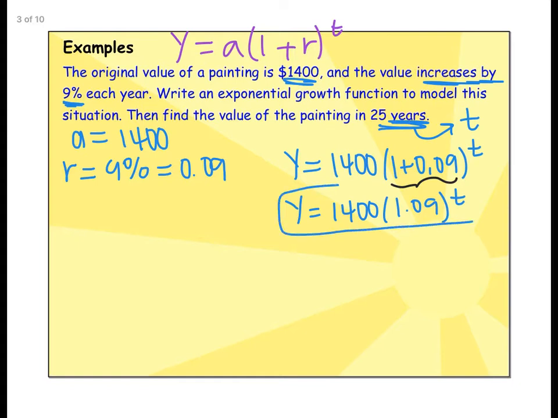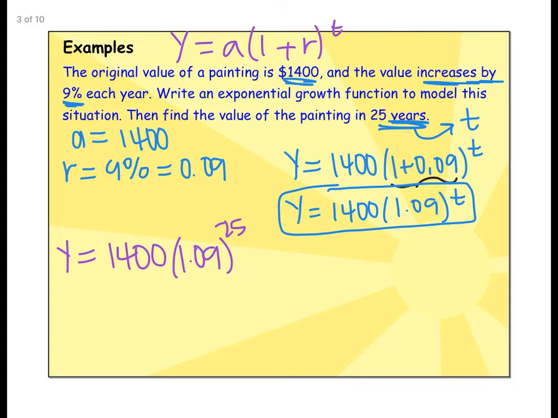So that's our generic formula where we can plug in anything for time. And then this specific problem asks for the amount that the painting is worth after 25 years. So I would plug in 25 for t. So I have 1,400 times 1.09 to the 25th power.